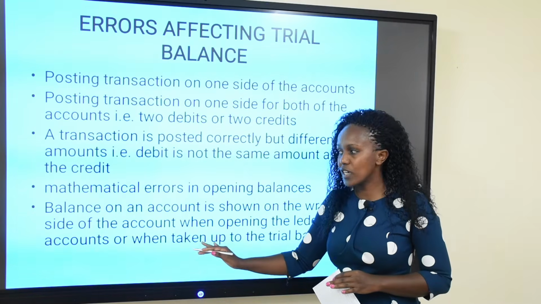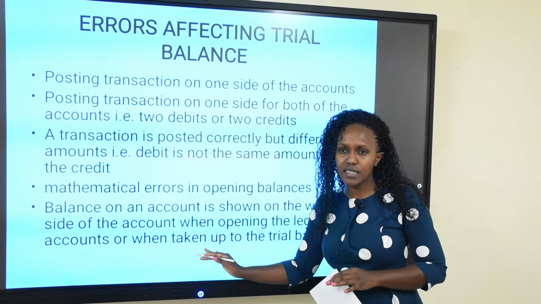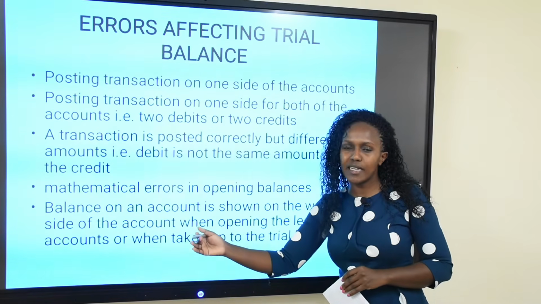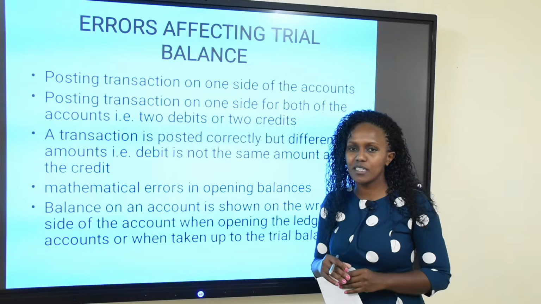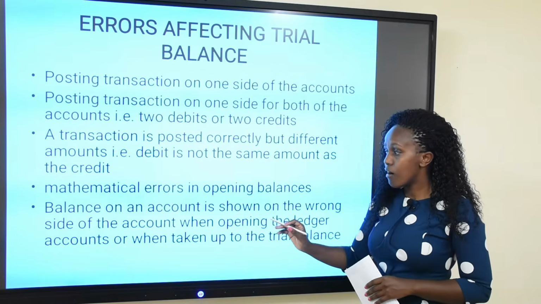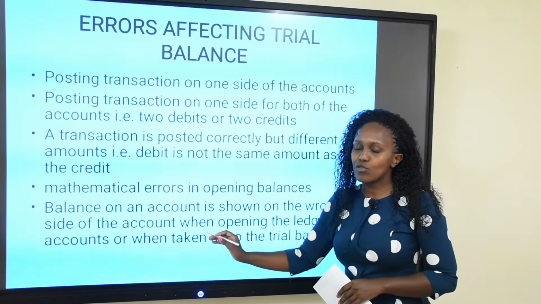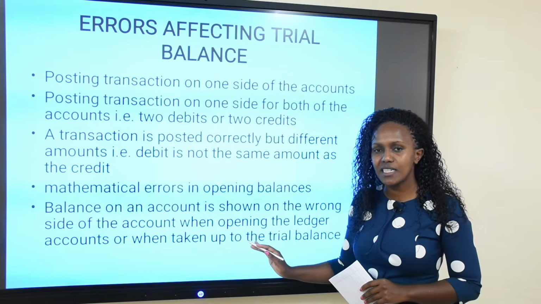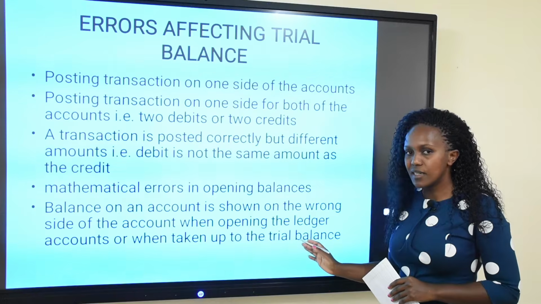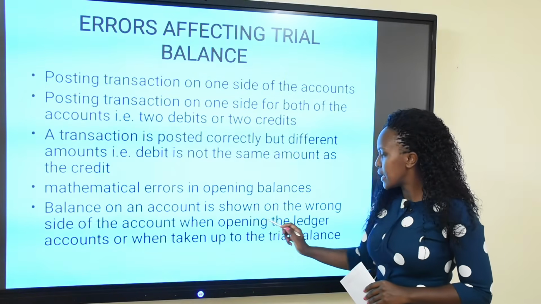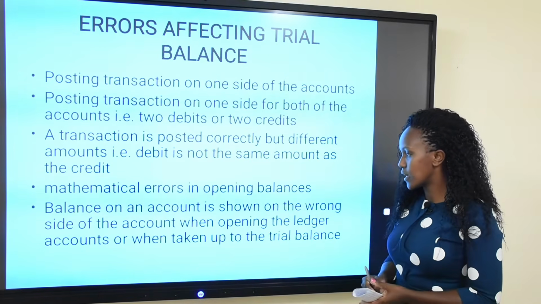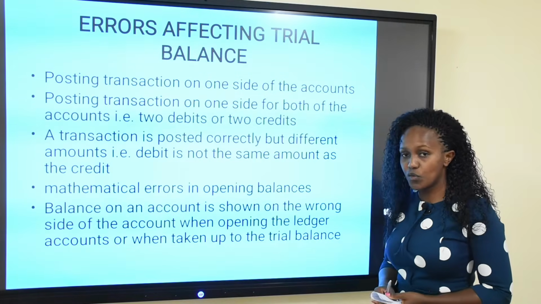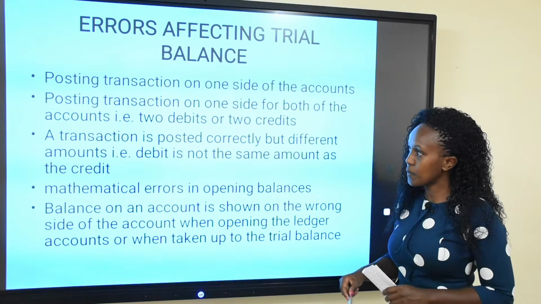Probably you did not check carefully which account has which balance. You just take a balance, but it is from the wrong account. Or you take a balance to the wrong side, so that a balance that was supposed to be debited, you credit. So the balances are shown on the wrong side of the accounts when you're opening the ledgers, either as you take them from the accounts or from the trial balance.